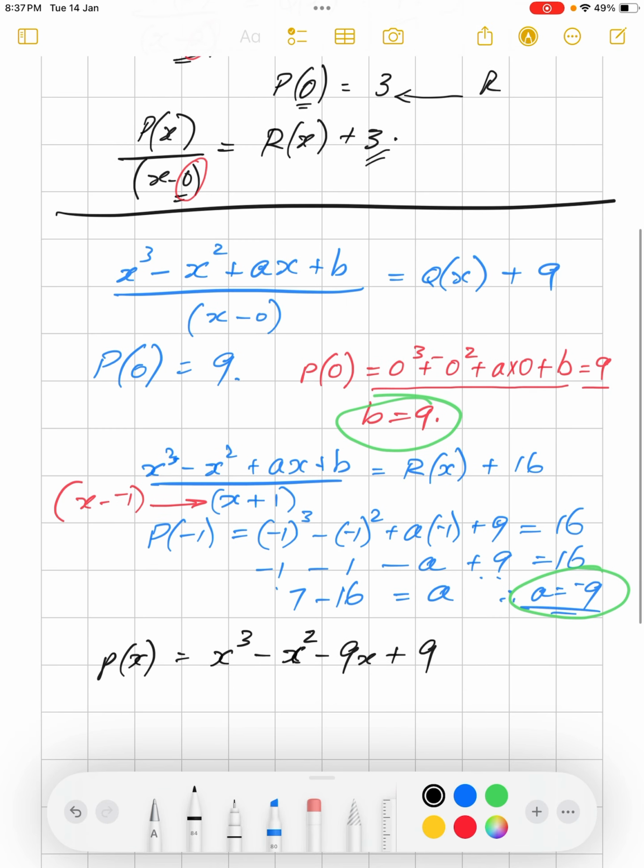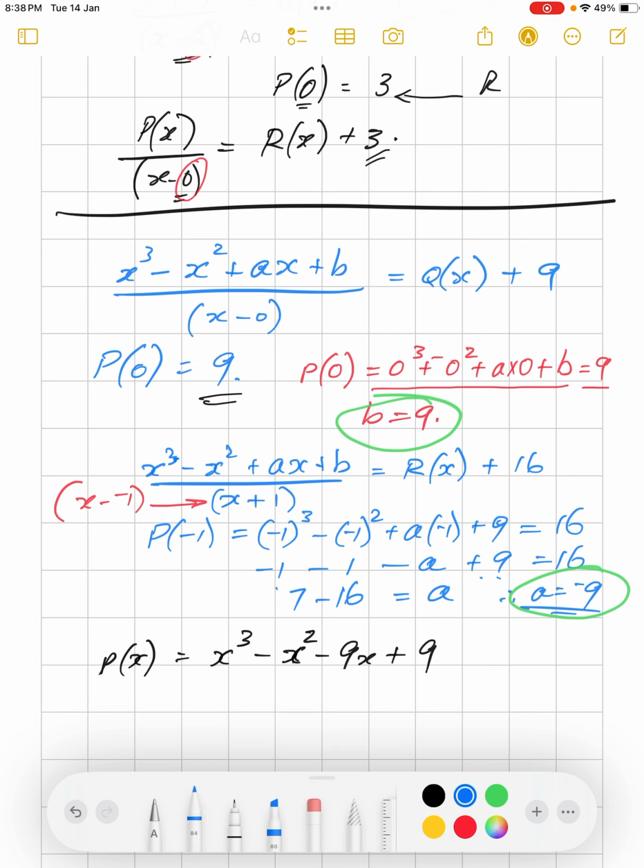Well, we already know that the polynomial of 0 equals 9. Therefore, no, we need a 0 value. Using our factor theorem, we've got to come up with a number that we could substitute and get a 0 value.